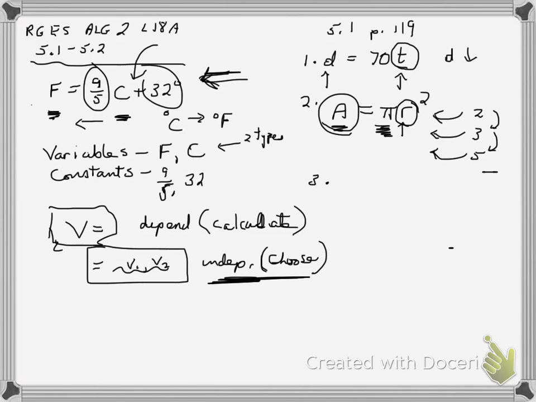3, the equation I equals 0.08P represents how much interest a bond will yield annually at 8%. The interest depends upon what?